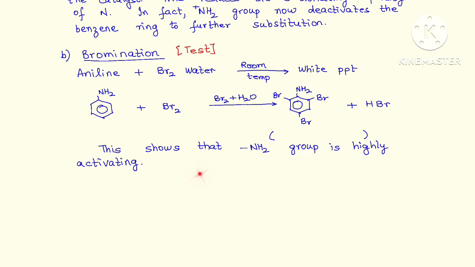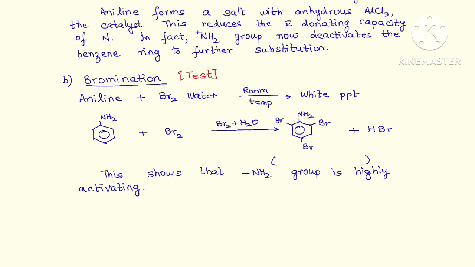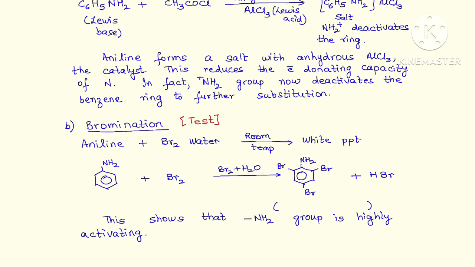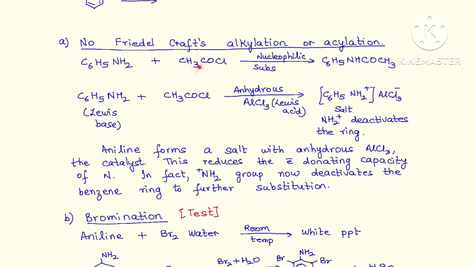What if I want a monobromo product? What do we do? We prevent the activating effect of the NH2 group by using the fundamental that we had spoken about over here, where the NH2 group can act as a nucleophile.